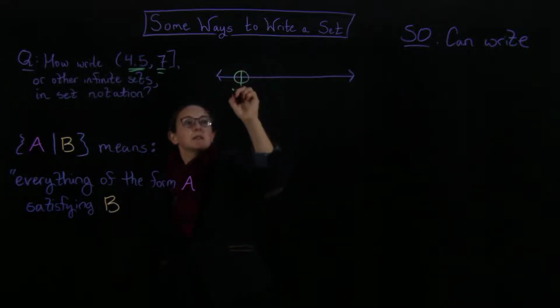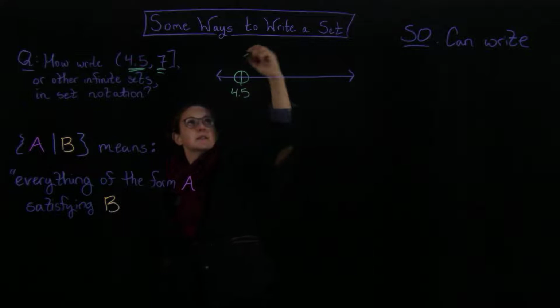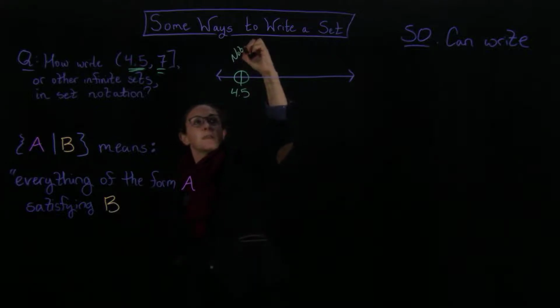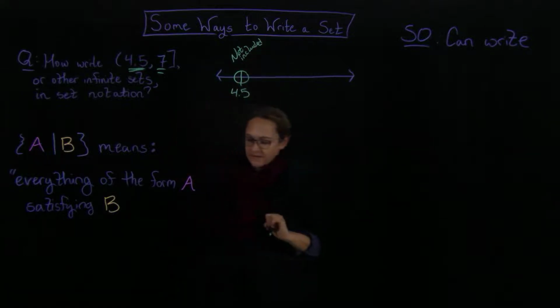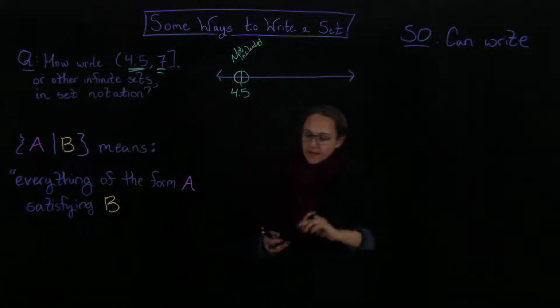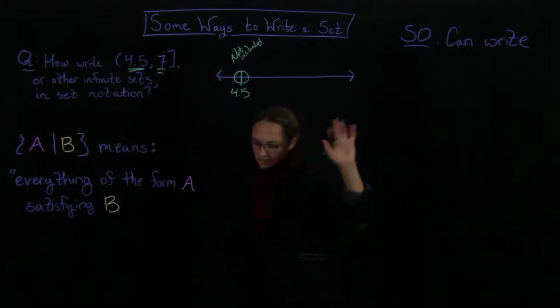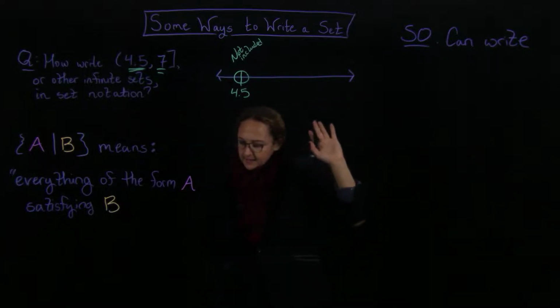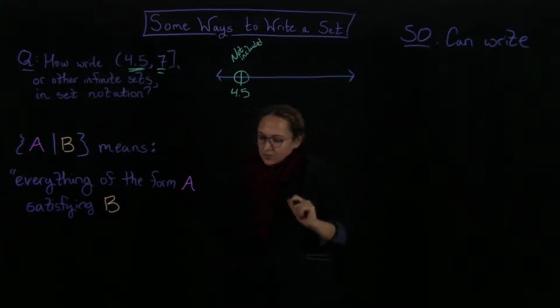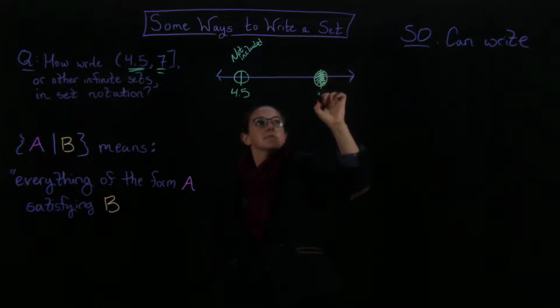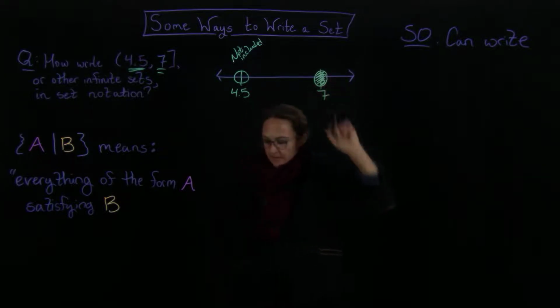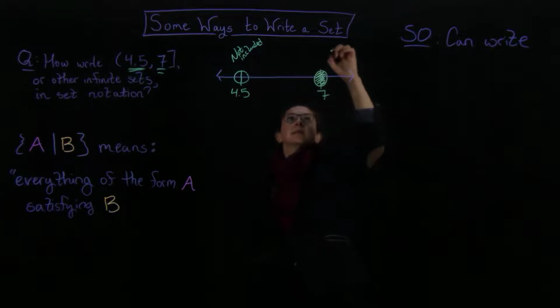This is at 4.5, so 4.5 is not included. On the other hand, 7 is included.